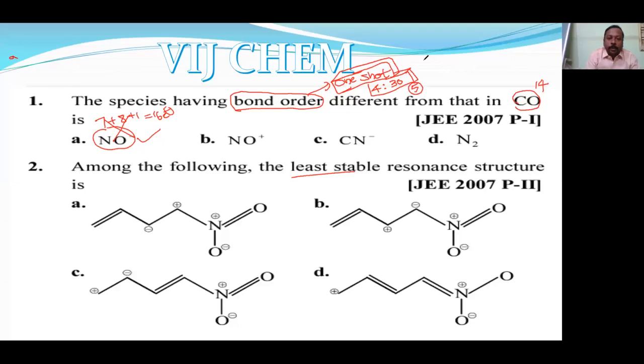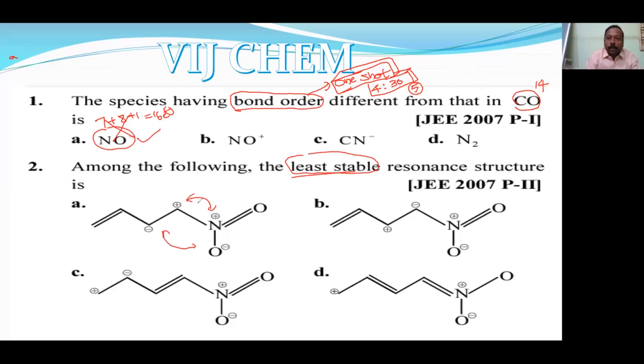This is the question where maximum people answered wrong, which means there is some problem with understanding stability. The question is based upon the location of the charges. If charges are there, they should not be very nearby. Here, positive charges are very nearby, negative charges are very nearby.